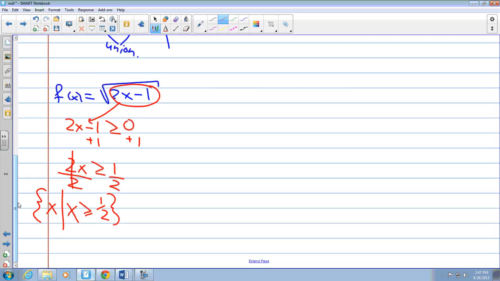So every number from 1/2 and on will guarantee you do not get a negative under the square root. As the interval notation. When you multiply or divide by negatives.